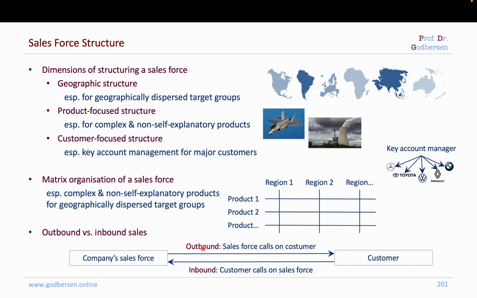Outbound, the classic: the sales force goes out, contacts the customer, but the customer might also call in and ask for your products. So never forget, it might be a good idea to have an inbound sales force and then try to attract your customers through other means like advertising and so forth.